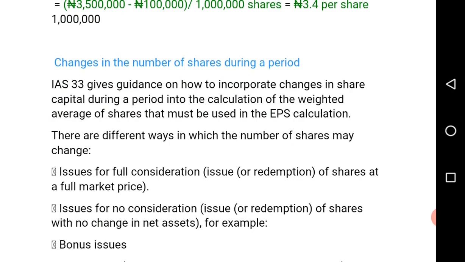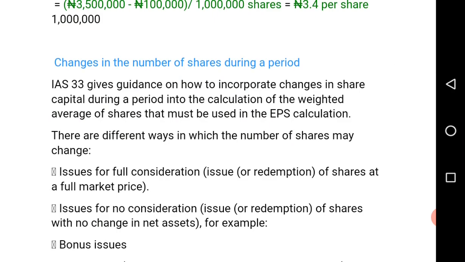Now how do we calculate the weighted average of shares? There are different ways in which the number of shares may change. Issue of shares for full consideration, that's the full value, the full market price. The company puts it out and gives it out at full market price for investors to buy. Then the second way is for no consideration at all.